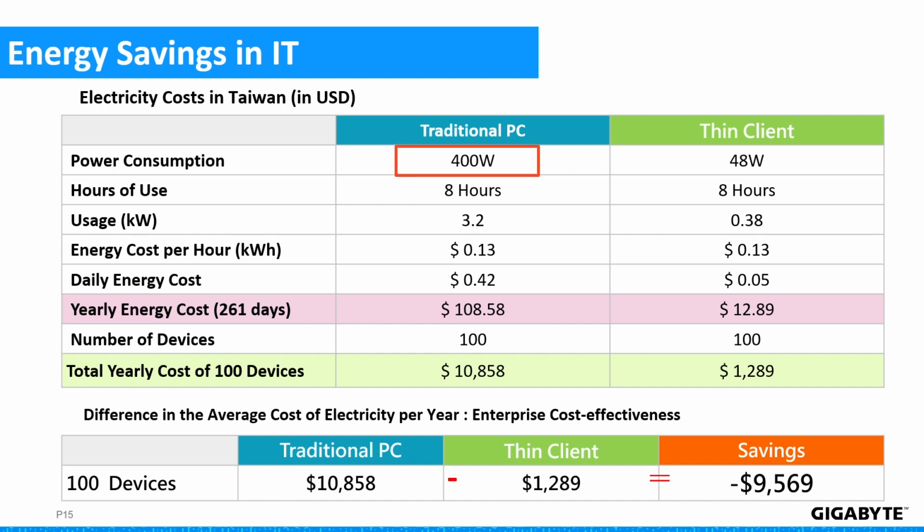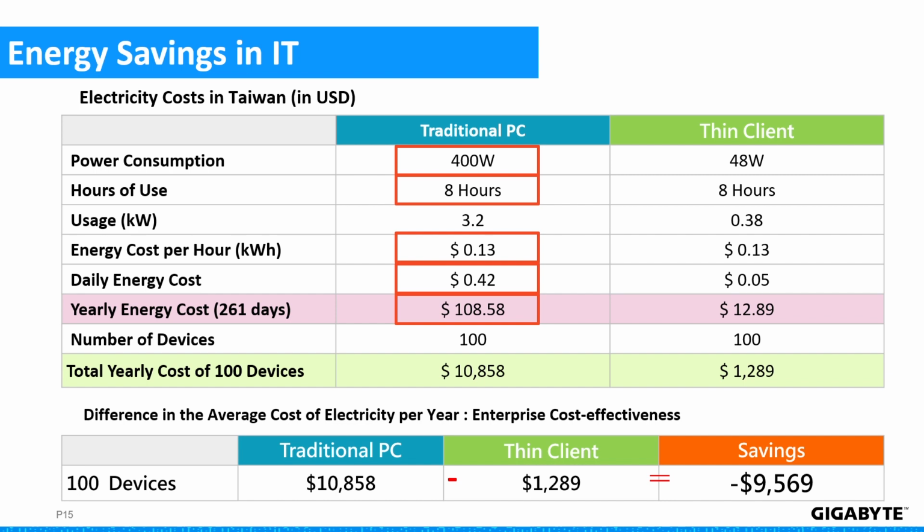By multiplying power consumption, 400 watts, by 8 hours, by 13 cents per kilowatt hour, you get a daily energy cost of 42 cents. So the traditional PC uses 42 cents times 261 days, about $110 per year. And the thin client, $13 per year.